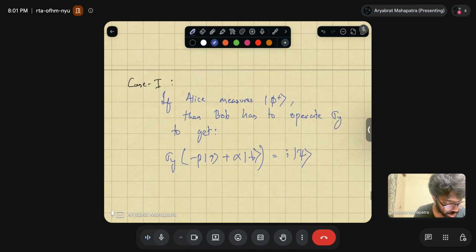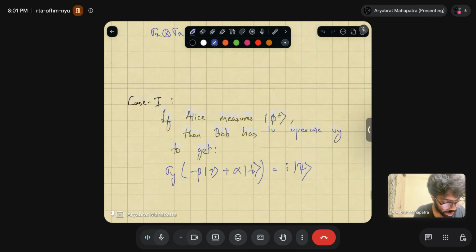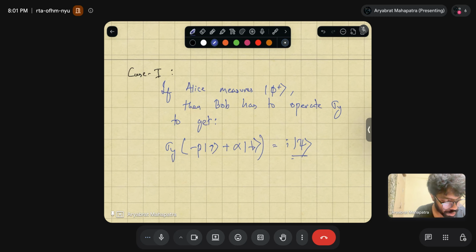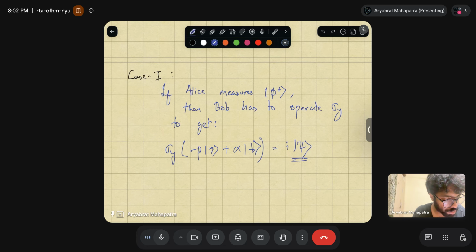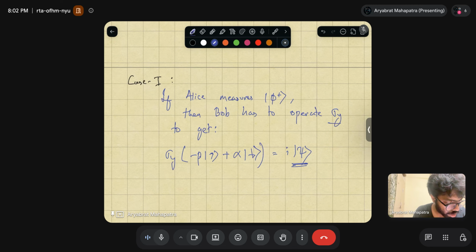Now you see that this is the original piece of quantum information which Alice wants to send to Bob, with some phase. But the important part is that the psi with which she wanted to communicate has been done successfully. Bob, after doing this sigma y measurement, can exactly get psi.